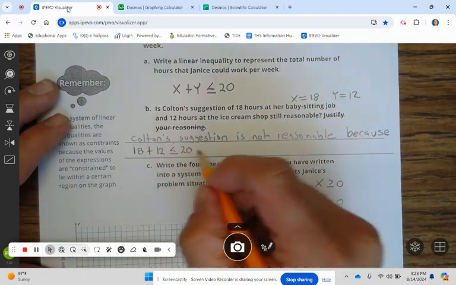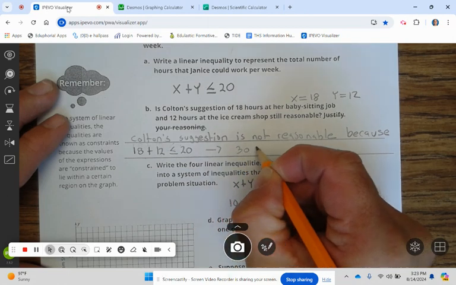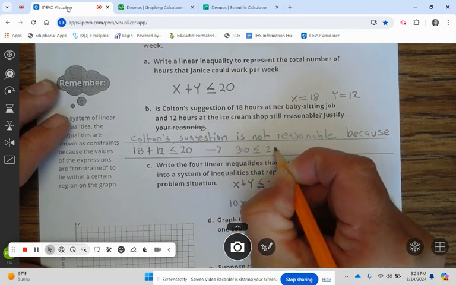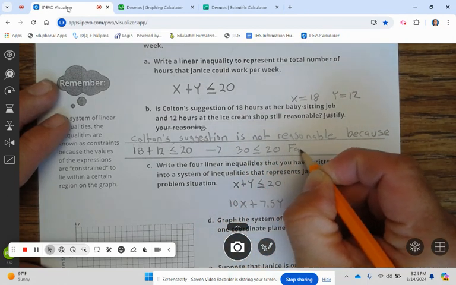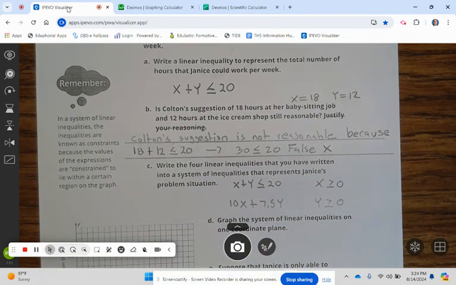Then we have 18 plus 12 is 30 less than or equal to 20, which is false. So it's not true.